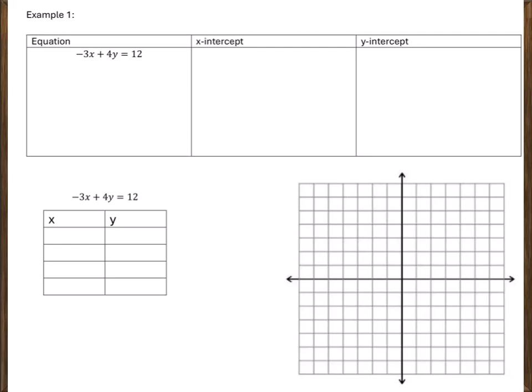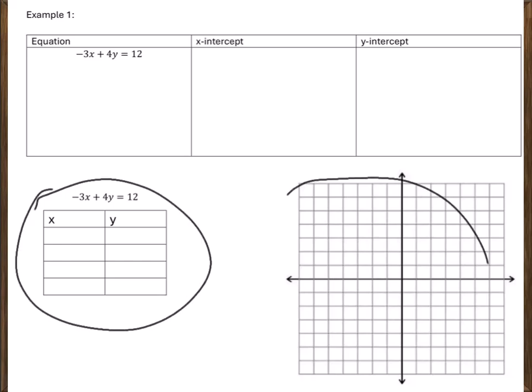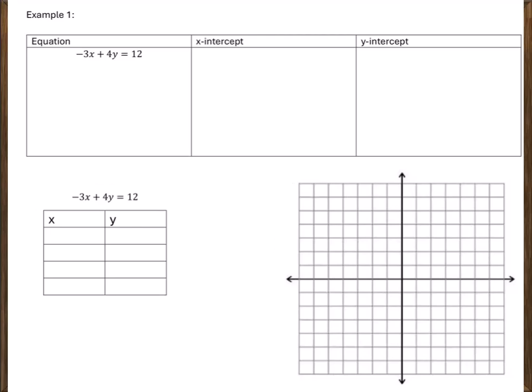You might notice that the setup for this example looks pretty much the same as the previous examples we did. We still have a table, and we still have a graph. The only difference between doing the x and y intercepts and all the previous examples is that I don't get to choose willy-nilly different values of x. For the x-intercept, remember, we have to set y equal to 0 and solve for x.